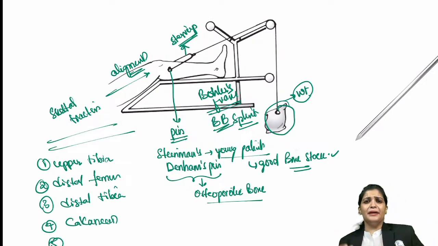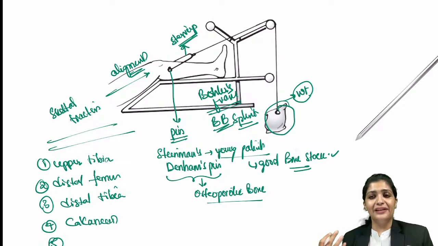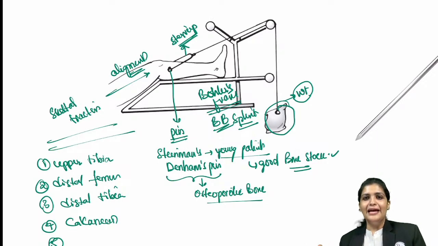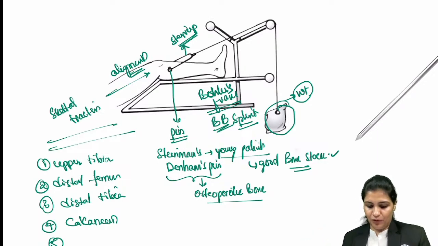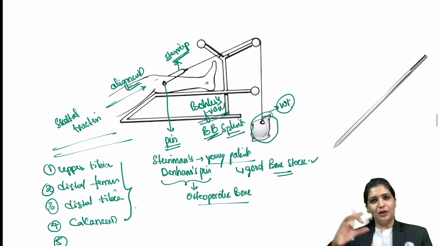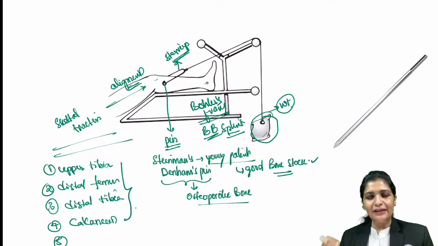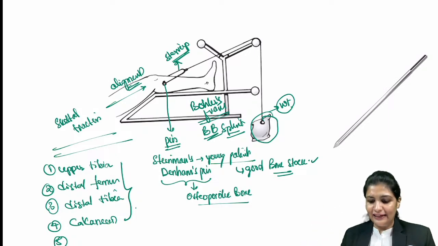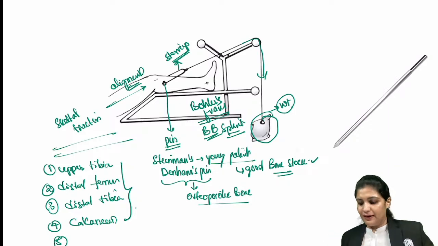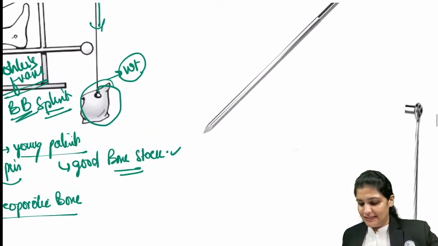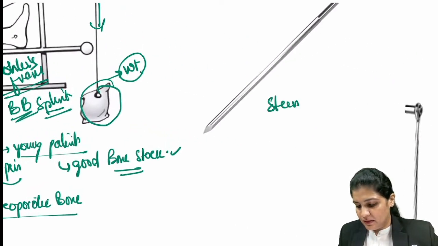These are certain areas in the lower limb where you go for skeletal traction: distal femur, proximal tibia, distal tibia, and calcaneum. So this is the setup which you require. First is the BB splint, where you rest the leg, and then you connect the weight to the limb, right?